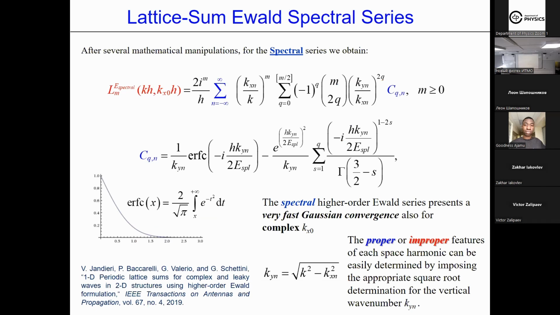The Gaussian convergence is actually guaranteed by the error function which is given. For both spectral and spatial series, we have Gaussian convergence for this lattice sum, even when we have the propagation constant as a complex.